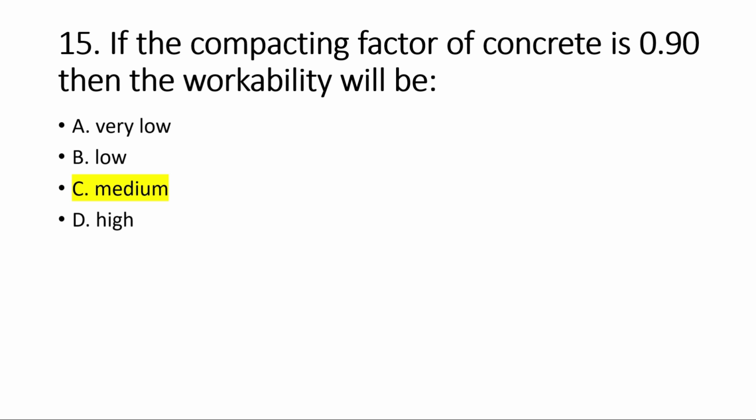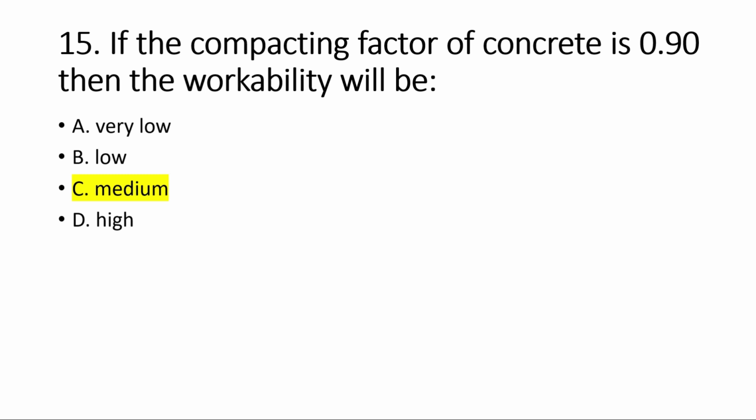If the compacting factor of concrete is 0.9, then the workability will be... okay, this is again your workability question. The question is asking, for a compacting factor of 0.90, what will the workability be? We know that for a compacting factor of 0.92 or above, we have a high degree of workability. If we have a medium degree of workability, then the compacting factor is 0.85 to 0.92.